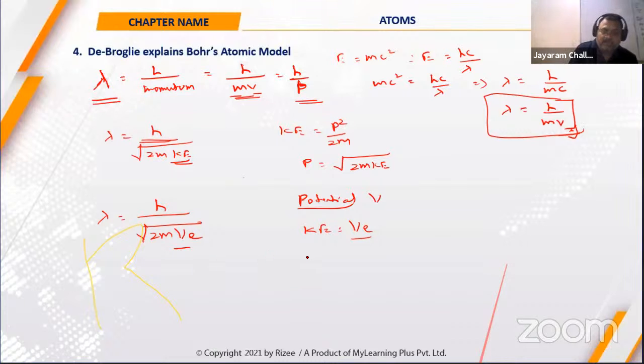Or else the potential can also be replaced by V is equal to ED, that is the potential into electric field into distance. You can also replace this particular thing. So depending upon the parameters that are given in the question, you have to convert your basic formula, that is lambda is equal to h by mv, into the given format. So this type of thing is very important.